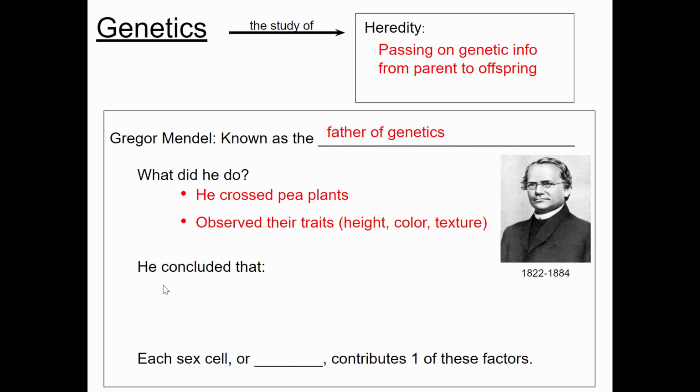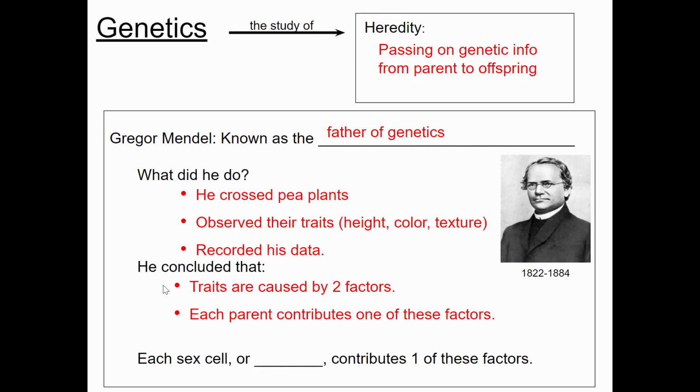And after taking careful notes and analyzing his data, he came up with some observations. What he said is, okay, these traits that he was studying, like the height of the plant or the color of the flower, are controlled by 2 factors, and each parent is contributing one of those factors.